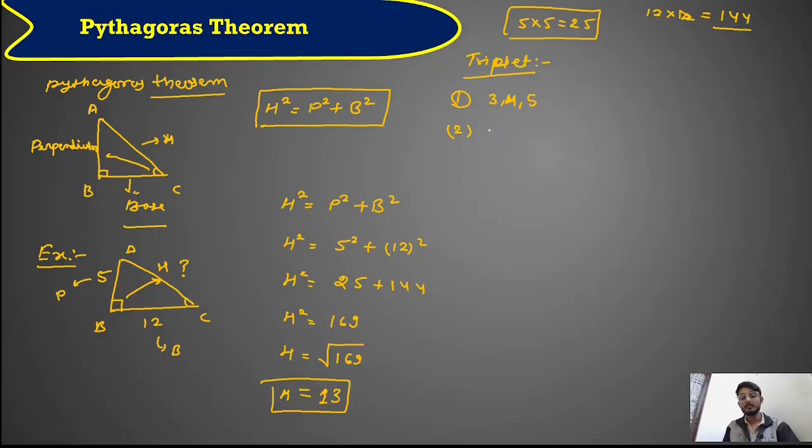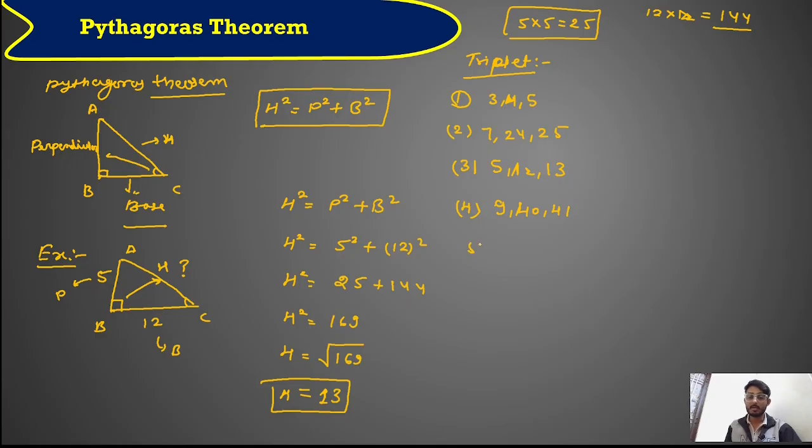Second, 7, 24, 25. Third, 5, 12, 13. Fourth, for 6 we will not find a value because it will form from here, so you will take 9, 40, 41.